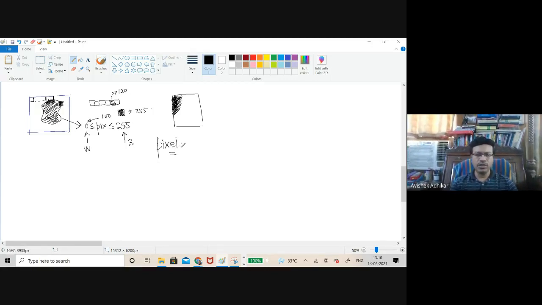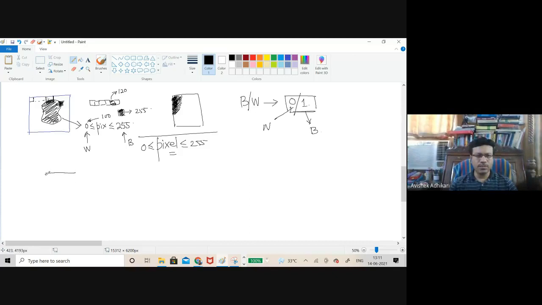So for a grayscale image, the pixel intensity value lies between 0 and 255. But for a purely black and white image, these pixel values are either 0 or 1. 0 means white and 1 means black.